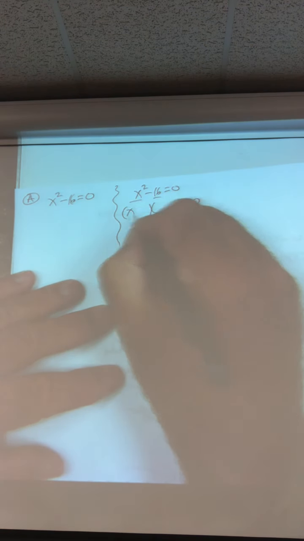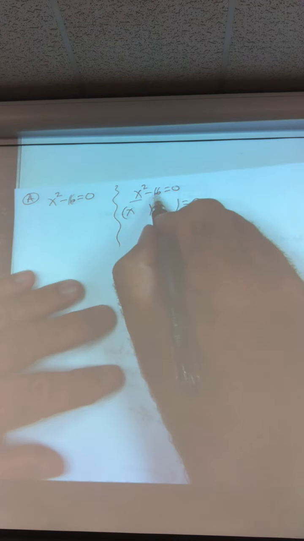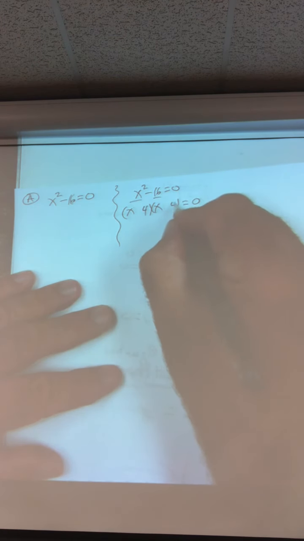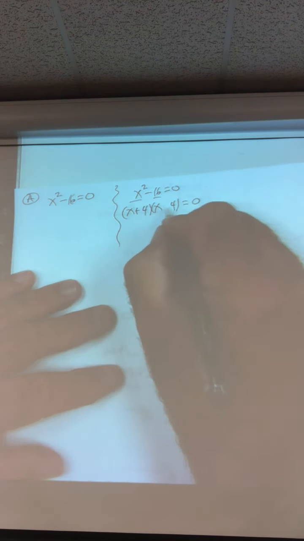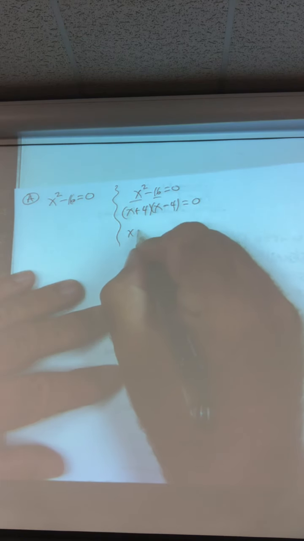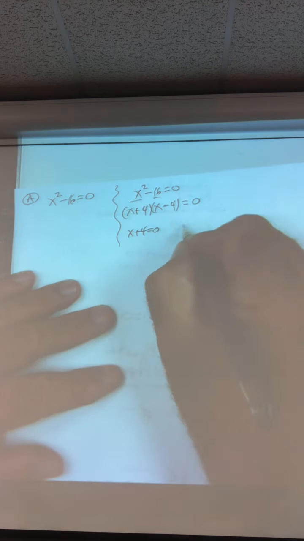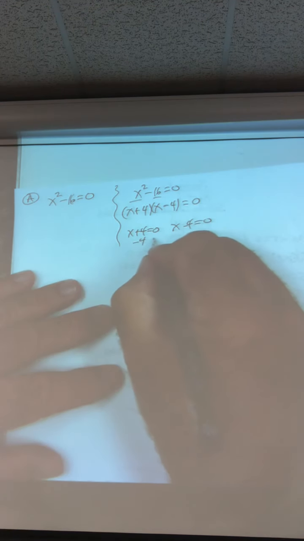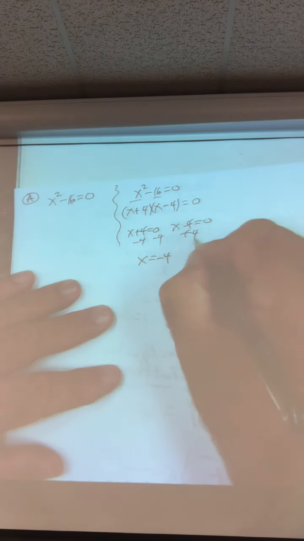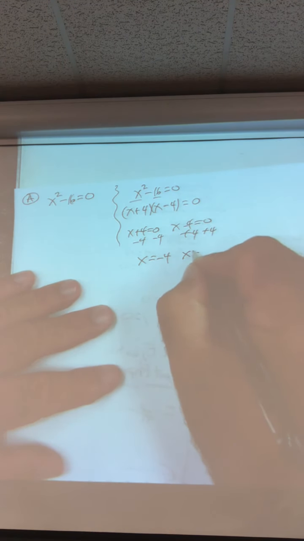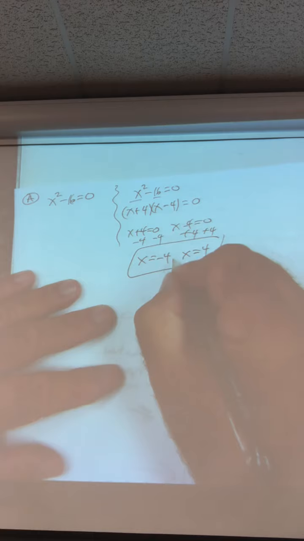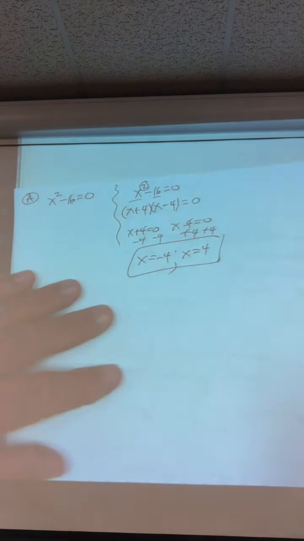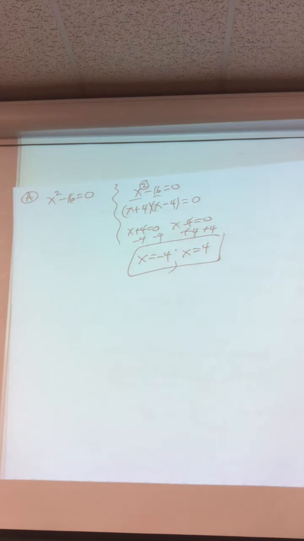So x squared is x times x. 16 is 4 times 4. This means the signs are different. Now take and set both of these equal to 0. And then subtract 4 from both sides to get my first answer. Add 4 to both sides to get my second answer, which I knew would be the case because it's a quadratic equation. So this one could be solved by the factoring method.